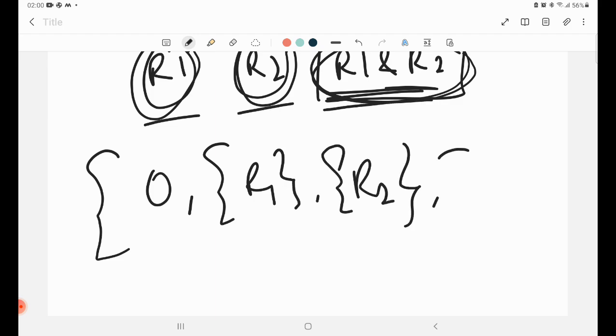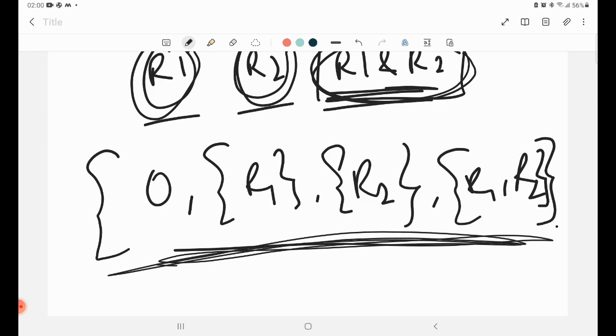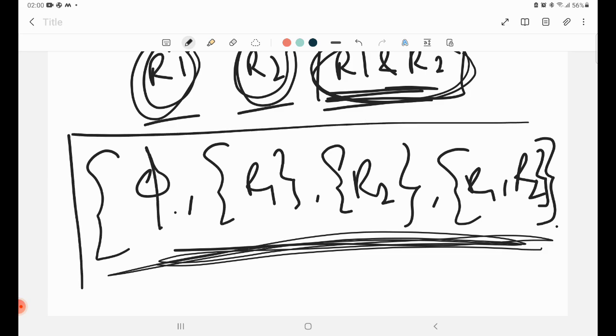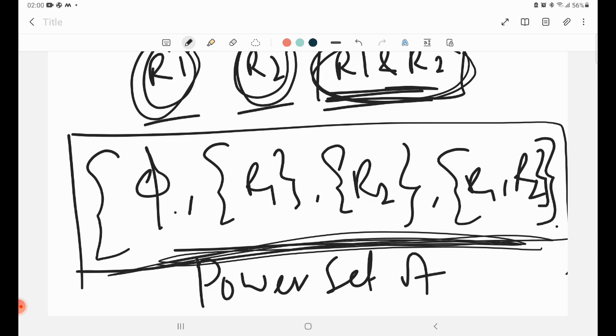And for this one, let me write R1 comma R2. Now after looking at this, could anybody say what this is? Instead of 0, as I'm not feeding it anything, it's like null, so let me write the empty set symbol. So can someone tell me what this is? It's nothing but the power set of the set R1 comma R2.